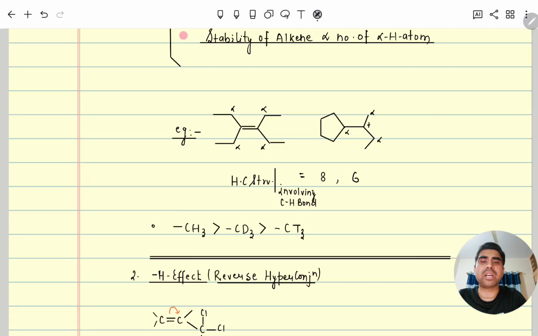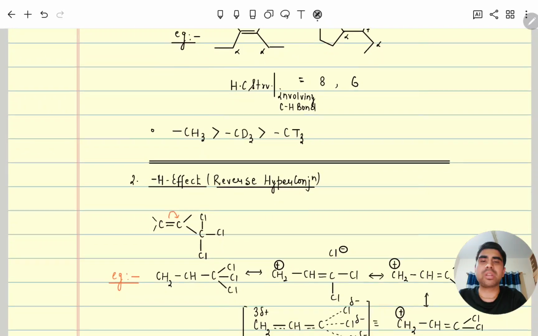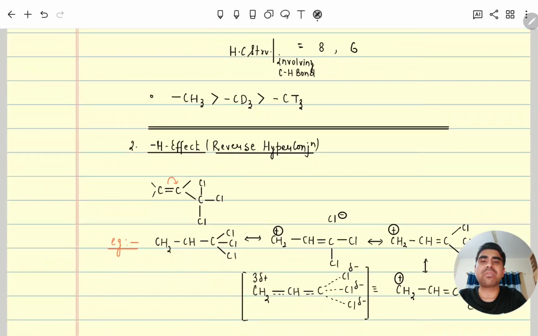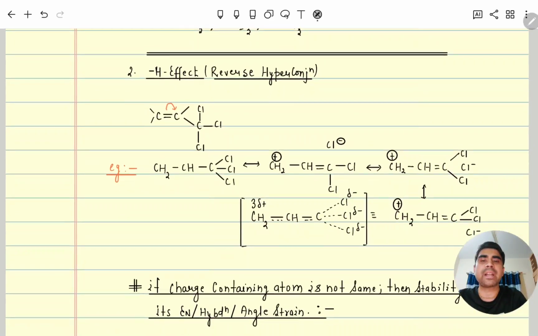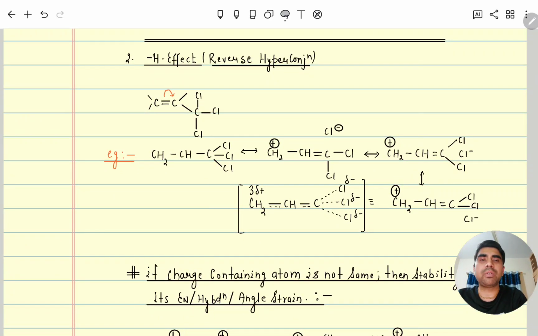Minus H effect is not that much in our syllabus in advance. So minus H effect, or reverse hyperconjugation, is shown only by this one molecule, that is carbon double bond carbon along with this trichloro system. Again, the carbon hydrogen bond is involved, and here this is sp3 carbon, and the chlorine bond is involved, then after this chlorine bond, and then this chlorine bond.